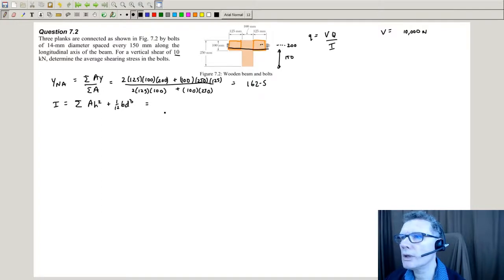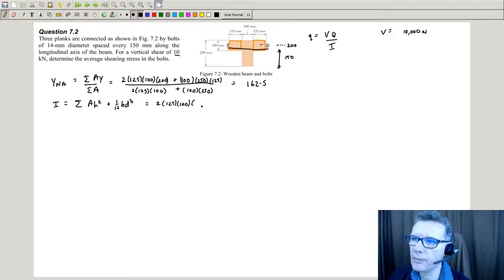So the parallel axis theorem for the top two sections, got two of them. 2 times their area, 125 times 100. What's the h going to be? That will be 200, take away 162.5. That turns out to be 37.5 squared.